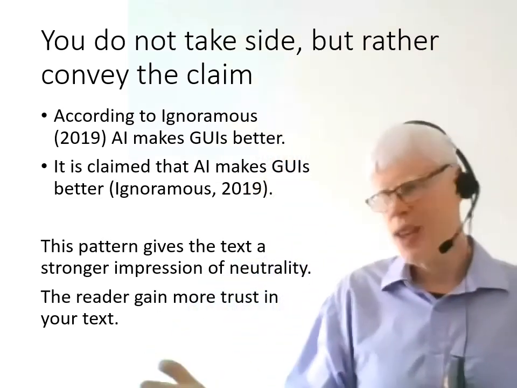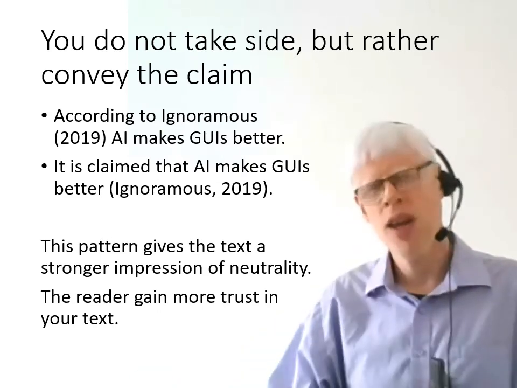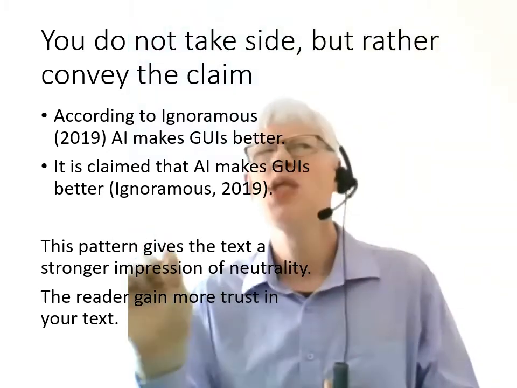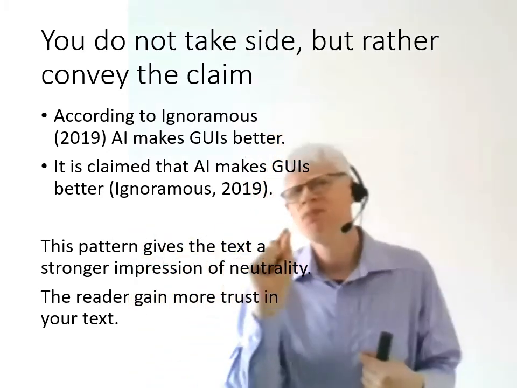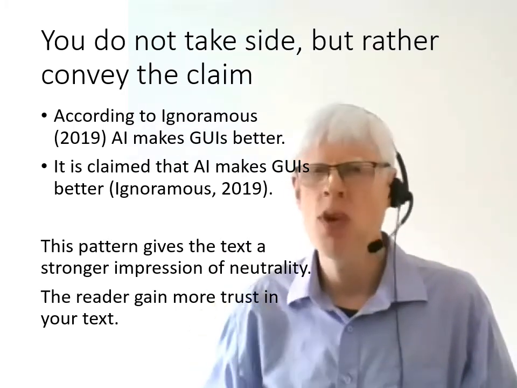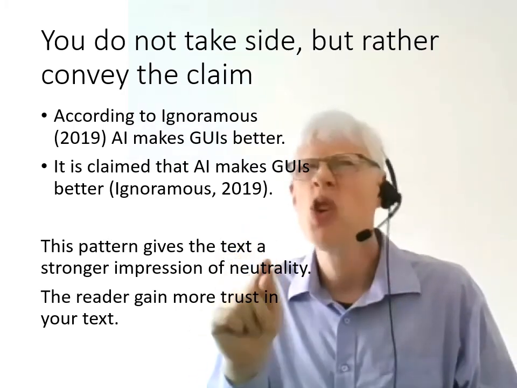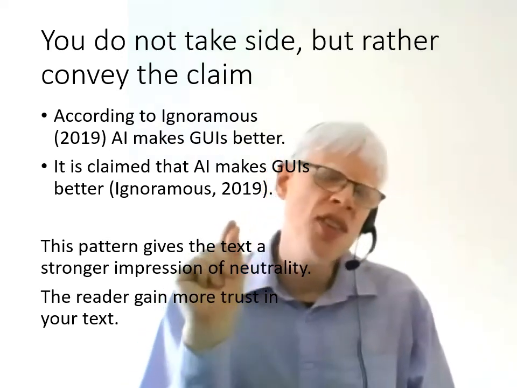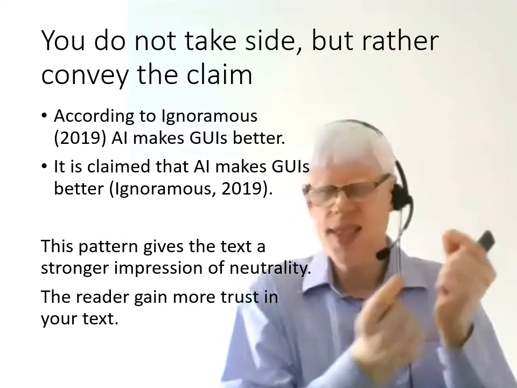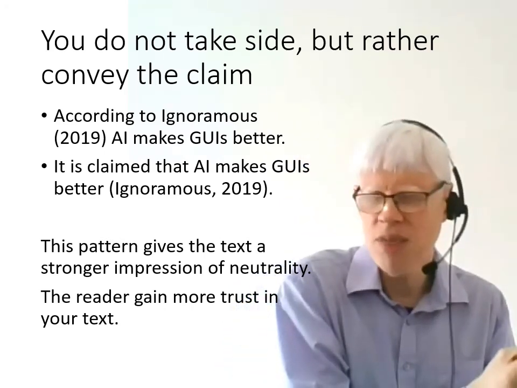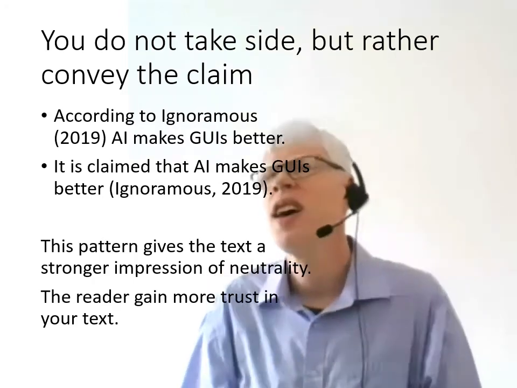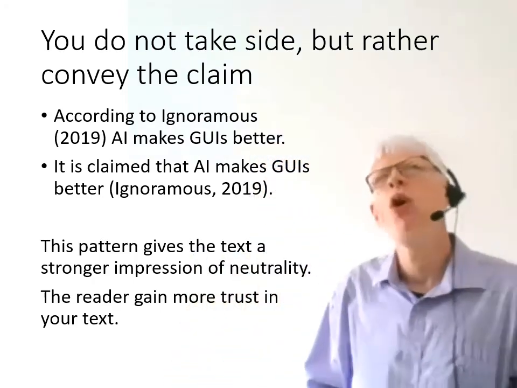It's easier to accept when somebody is describing what was reported by somebody else than actually promoting the claim themselves. So this would be a recommended approach in these situations. And I think then the reader will also trust your writing more, because they will see that you are more of an objective writer. You're not taking the side necessarily of the person who wrote the original claim. So I think they will trust your text more.